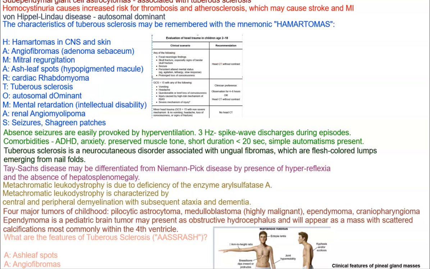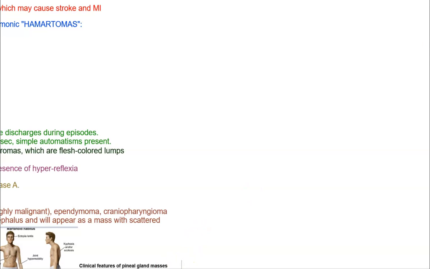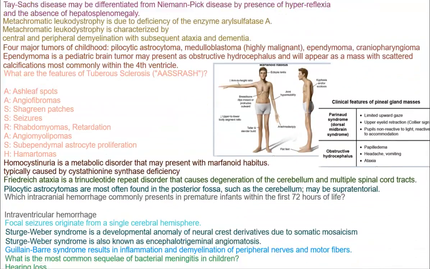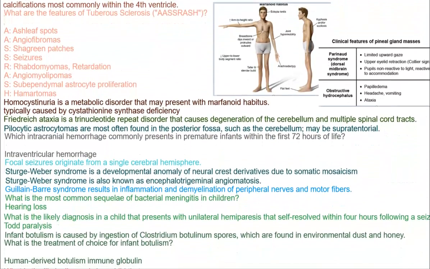Next point that I want to bring up is tuberous sclerosis. Again, there's another mnemonic for this, so we'll just go through this briefly here. What are the major features of tuberous sclerosis?